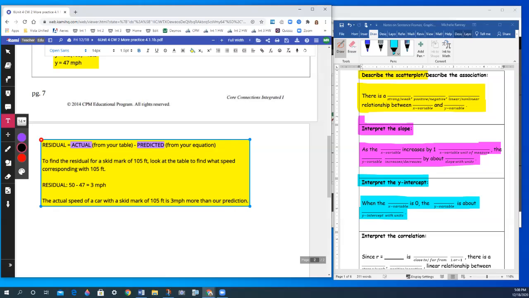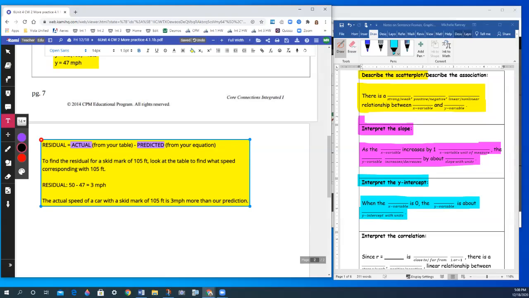We predicted it was 47, the actual was 3 more. So that is positive. If our prediction was more, then we would have ended up with a negative residual. But in this case, the actual was more, so I take actual always minus predicted to get your residual.